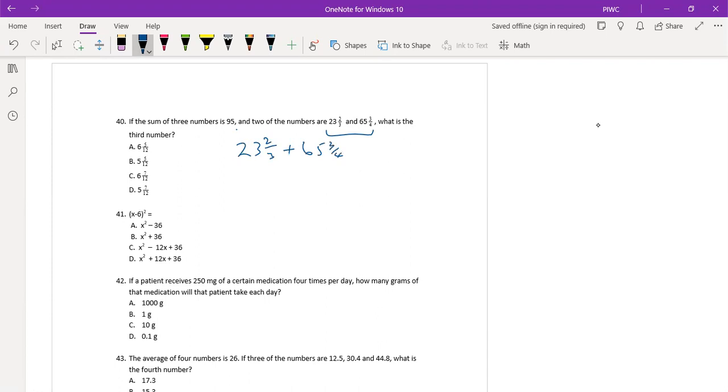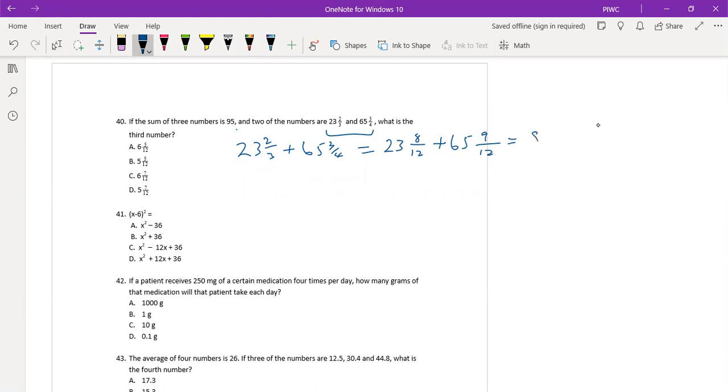When we add this up, the LCD will be 12. So 23 and 8 over 12, plus 65 and 9 over 12.